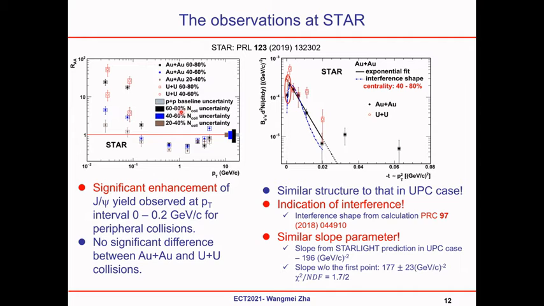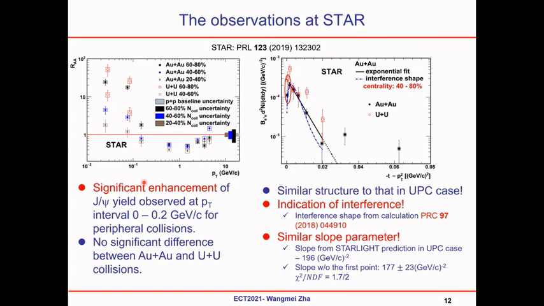At STAR, we made almost the same measurement. We measured the J/psi production at the top RHIC energy for gold and uranium. If you look at the nuclear modification factor as a function of transverse momentum for different centrality bins, you can find that at the lowest pT range for peripheral collisions, the enhancement factor can reach 30 to 40 for gold and uranium.